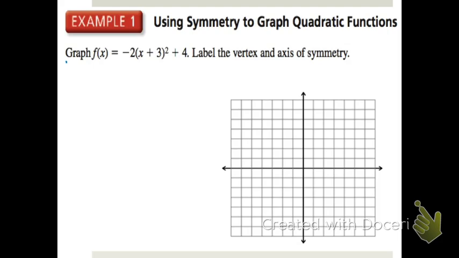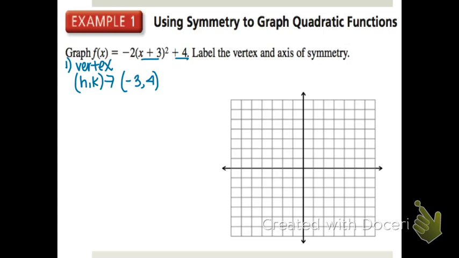So my first step is to identify and plot the vertex. Well, we talked about this yesterday, and our vertex is (h, k). Which means pulling from this quadratic, my vertex is (-3, 4).